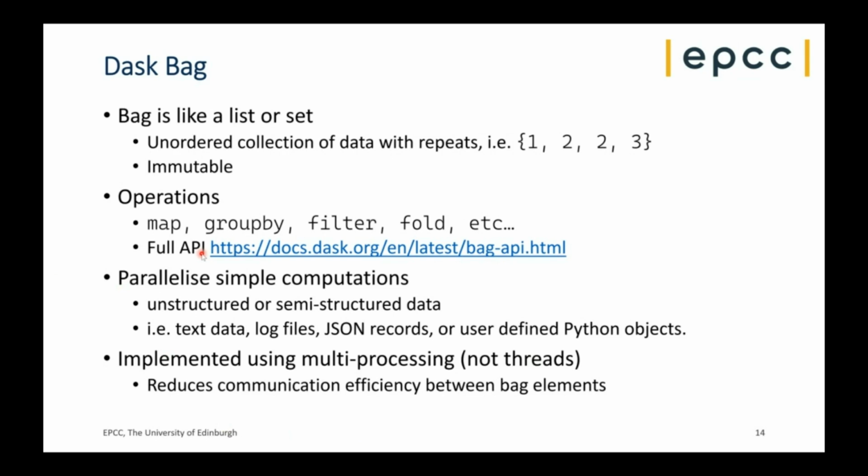So effectively, it will take something like a list or a set from standard Python functionality, and it will turn it into something which is parallelized across workers. Now, it allows unordered collection of data with repeats in it, and the data can be of different types, just like a list or a set could be in Python.